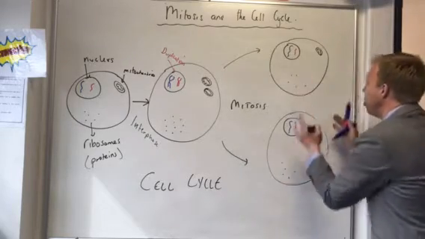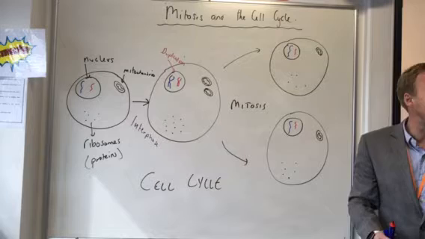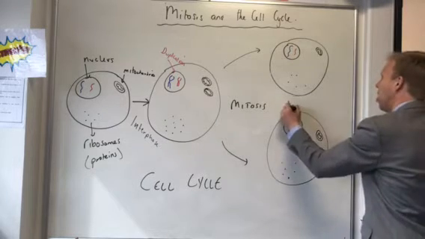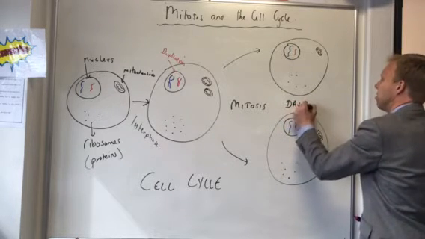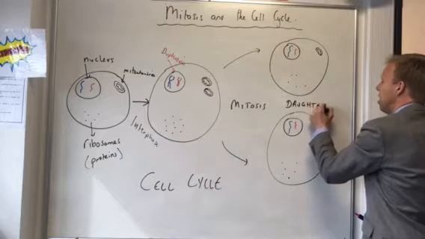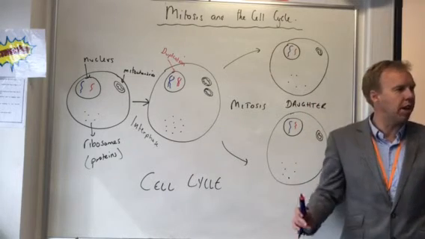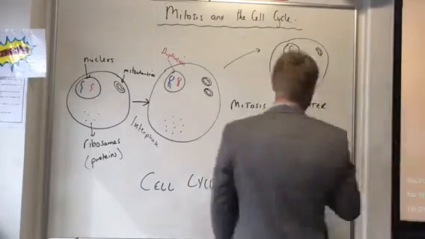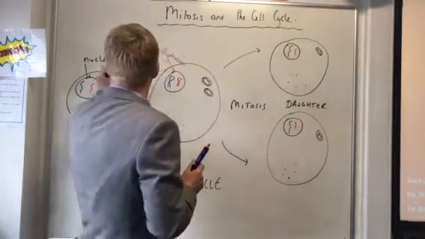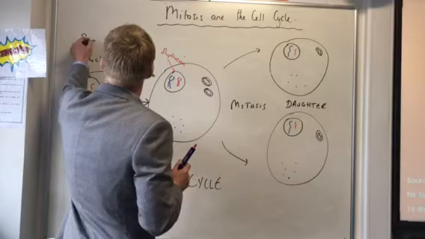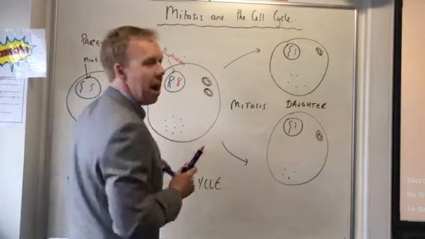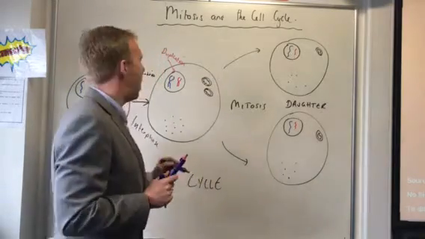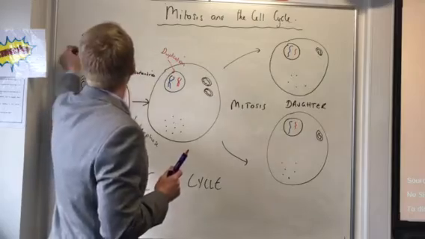And these 2 new identical cells, nice word for it, are called daughter cells. Don't know why it's not son cells. It's a little bit sexist, but we can handle it. Which takes me right back, because daughter cells are created by parents. So we call that a parent cell.